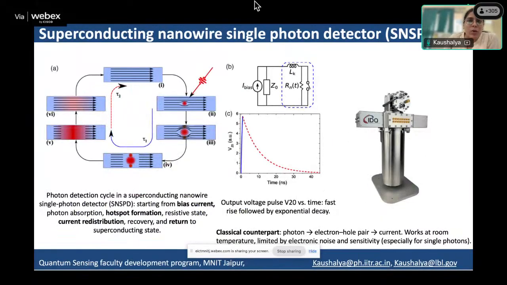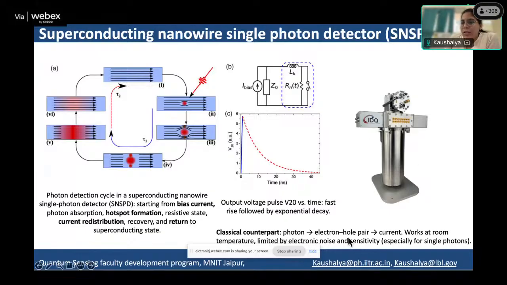Now we can briefly look into how a single photon detector works. If you look first into the classical counterpart, you can take any photodiode. How it works is, you start with your photon. When the photon arrives on your detector, you create electron hole pairs, which then convert to current, and it works really well at room temperature. But it's limited in its sensitivity and noise.